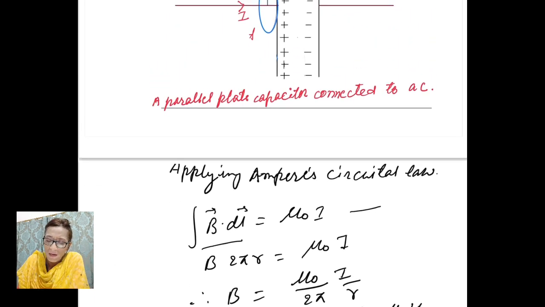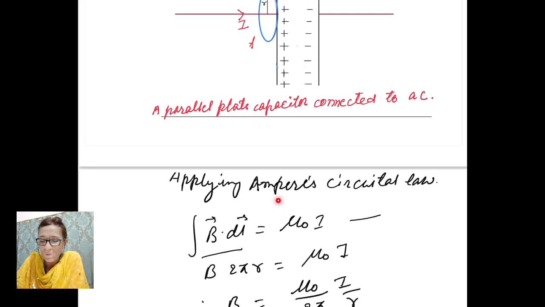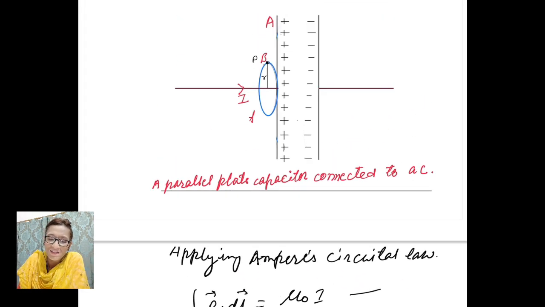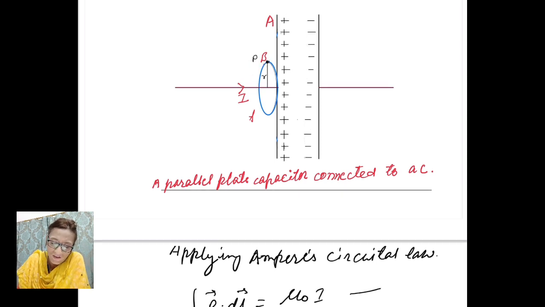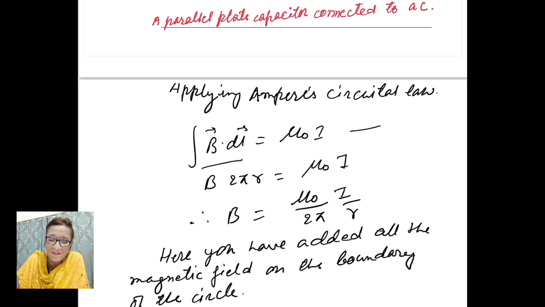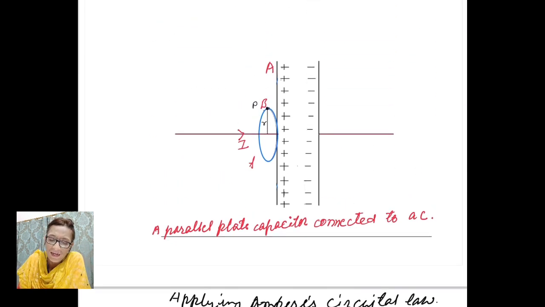So applying Ampere's circuital law on this for finding field at point P, here I have applied Ampere's circuital law, which says that the line integral of magnetic field must be equal to mu naught I, and dl can be integrated.